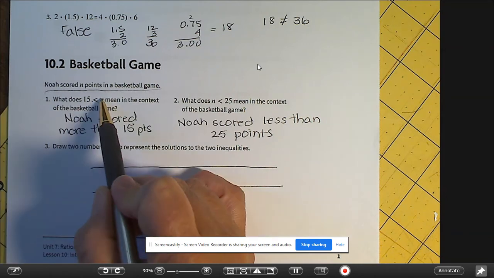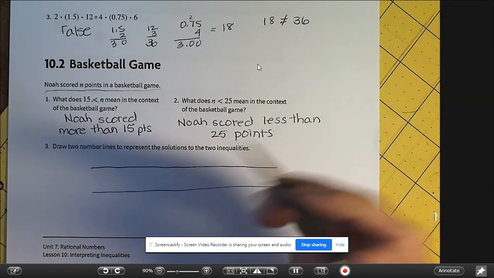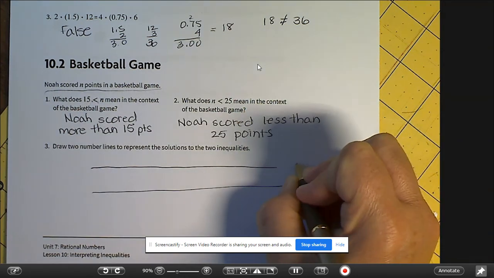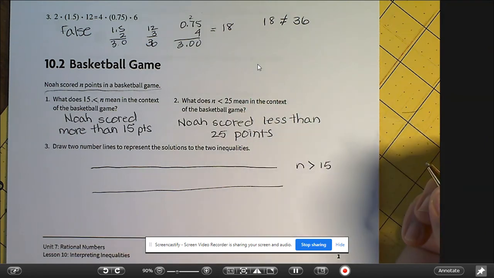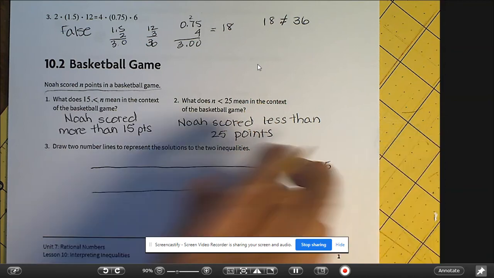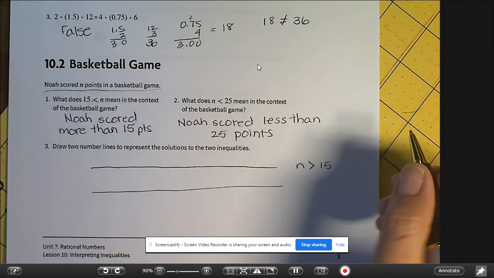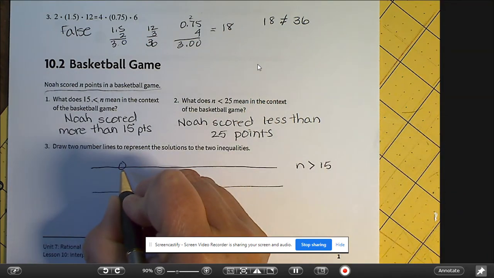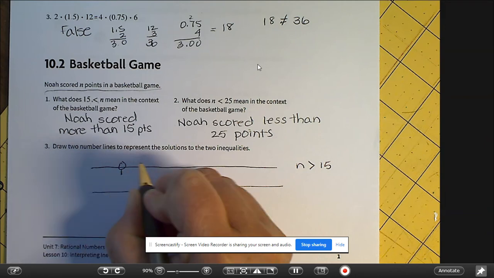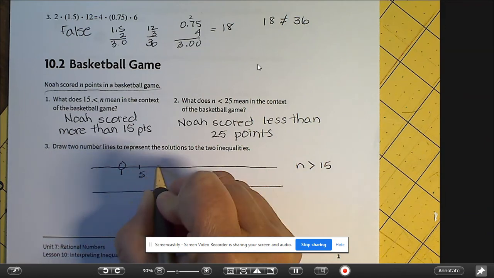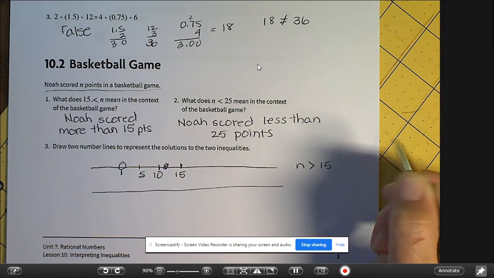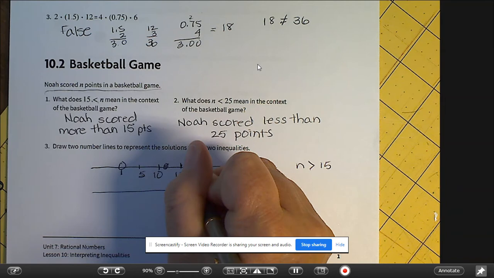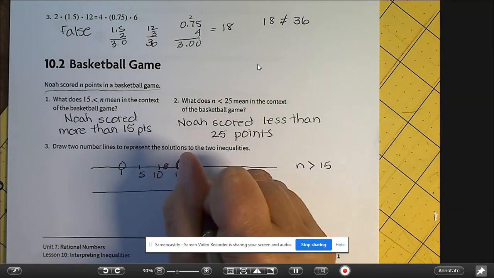So it means that n is greater than 15. So I'm going to change it around. It means the exact same thing, but it just is less confusing of which one to graph on the number line. So this is 0, and then we have 5, 10, 15. We're going to open circle and it's going to go to the right.